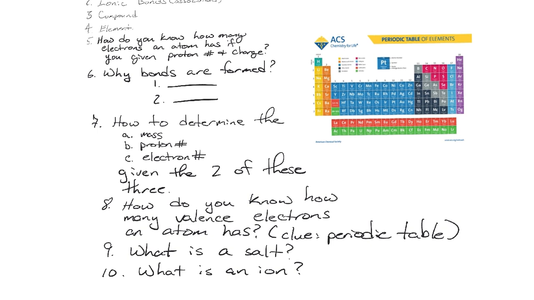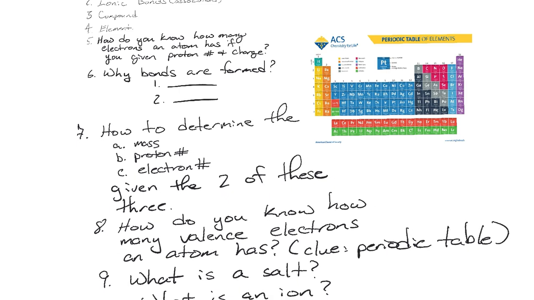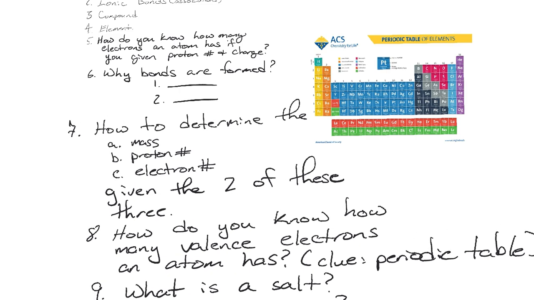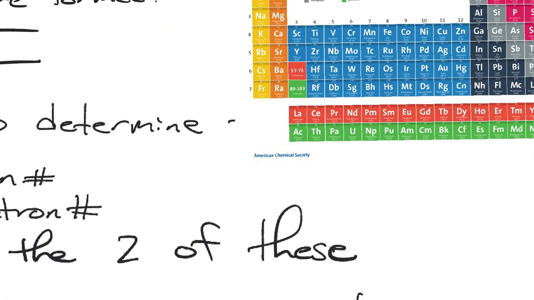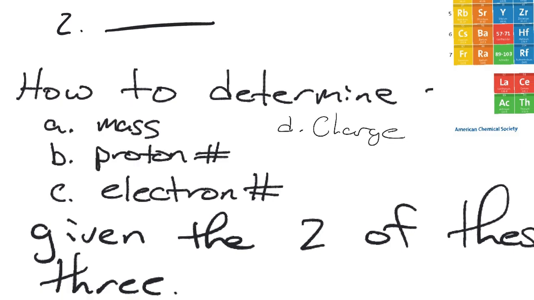Because I don't want anybody confusing this. On number 7, again, number 7, oops, hold on a second. I know it's a little neurotic, I apologize. For number 7, you're probably going to want to add D, you're going to want to add charge. All right.